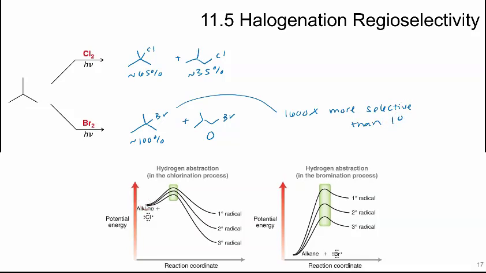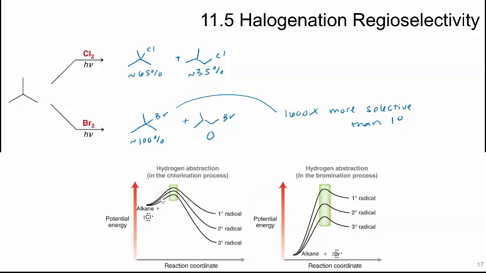Formation of the radical is similar to the alkane itself before it was formed into a radical, and the products are slightly lower in energy. But when we go through the formation of the bromine radical, the transition state is a lot more sensitive to the nature of the substrate during bromination.